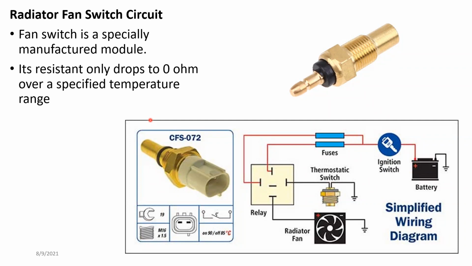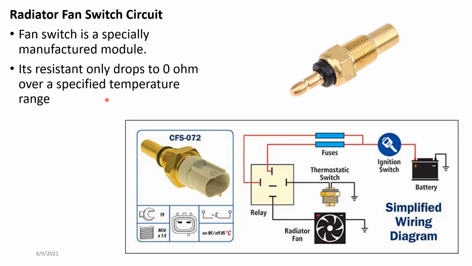To solve this, we use the thermo switch, the thermostatic switch. By using this particular switch, we turn on a fan relay, and by using the relay, it will drive the fan itself.